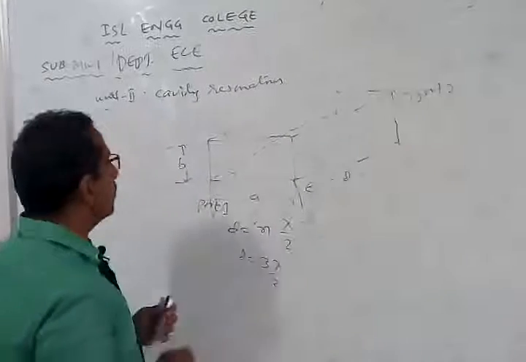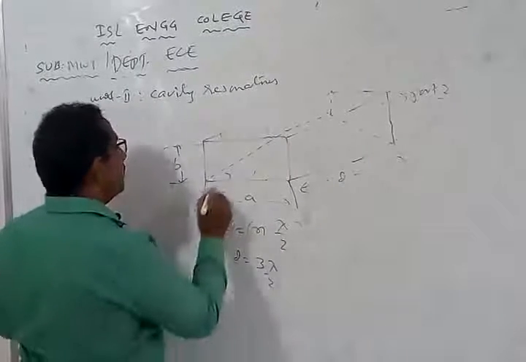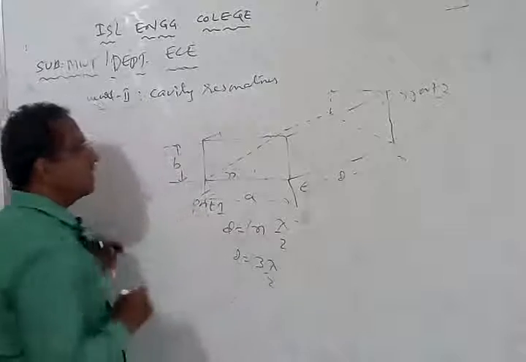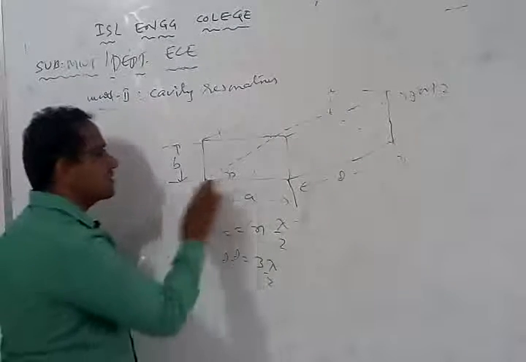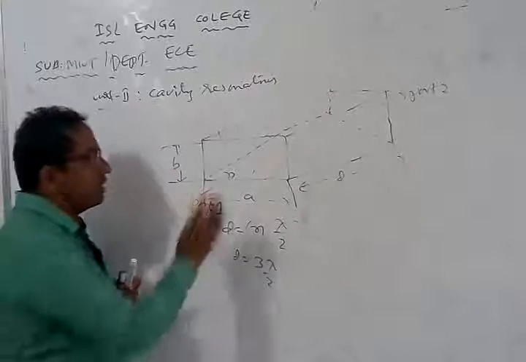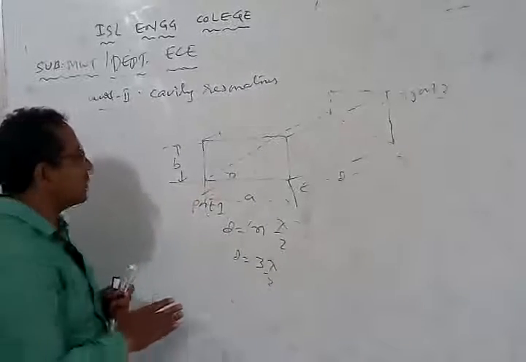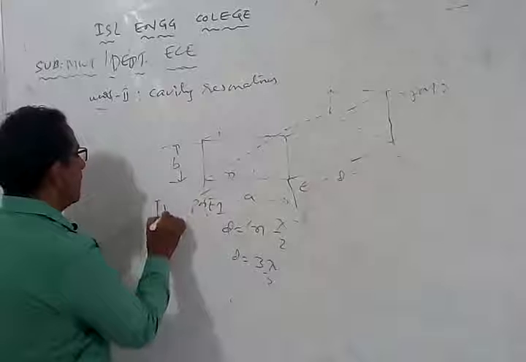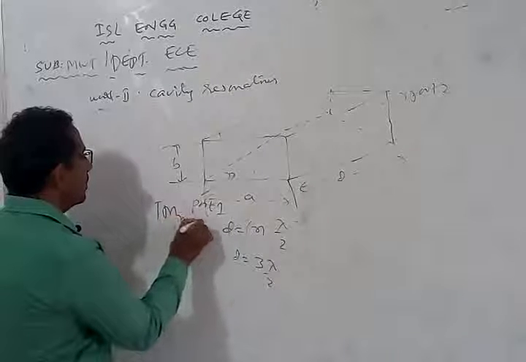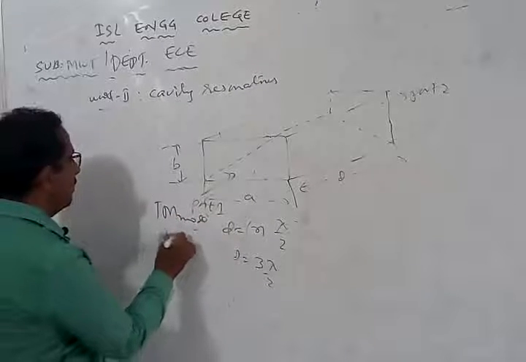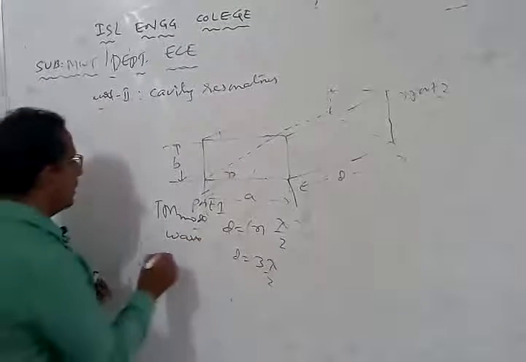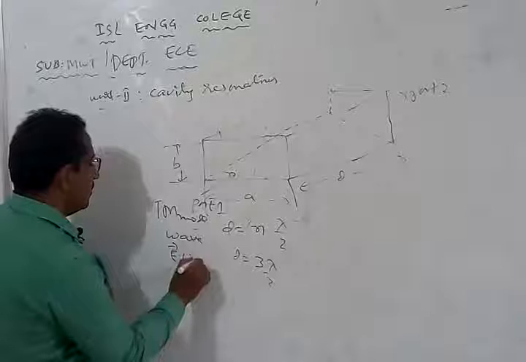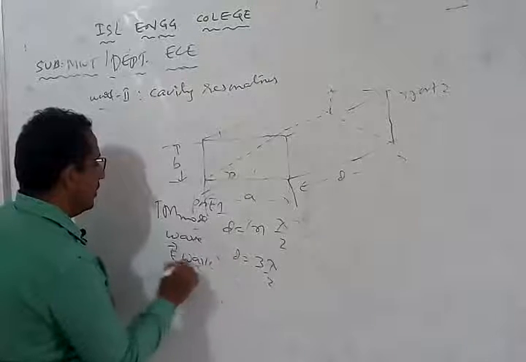Now here we supply some electromagnetic signal, or we transmit a TE mode or TM mode signal to flow through this. Say we transmit a TM mode wave. What does TM mode mean? TM means transverse magnetic field, that is, the E wave or E field wave.